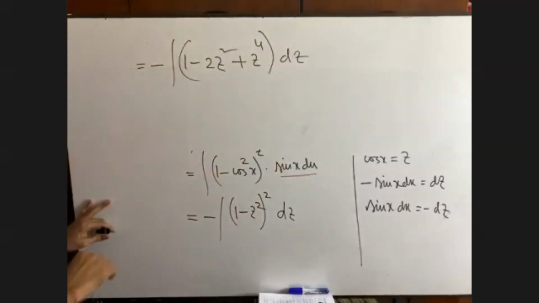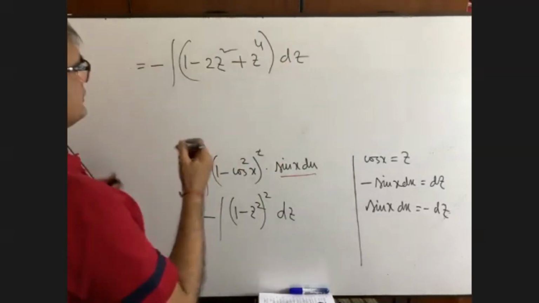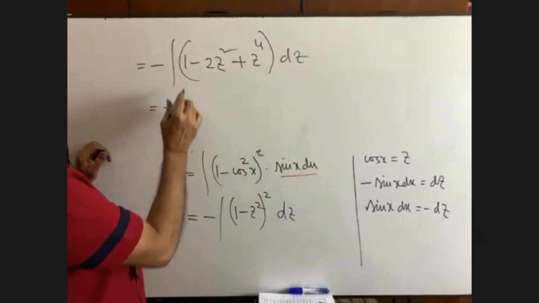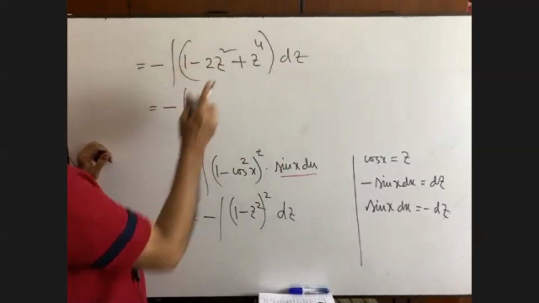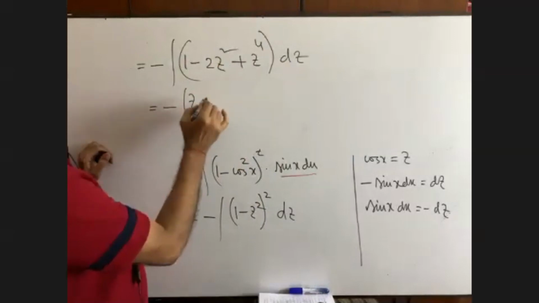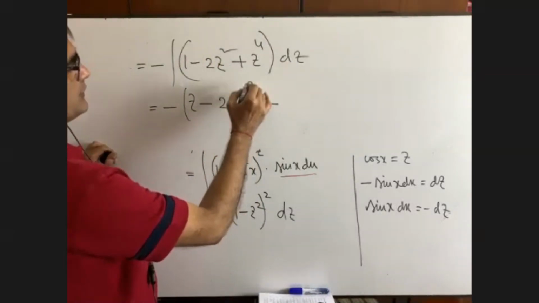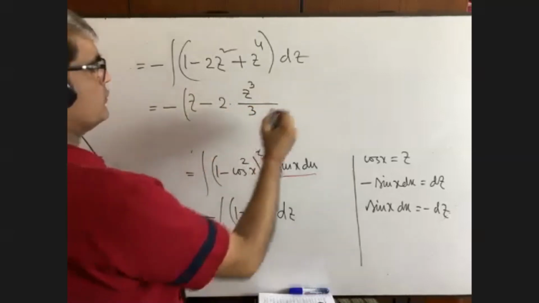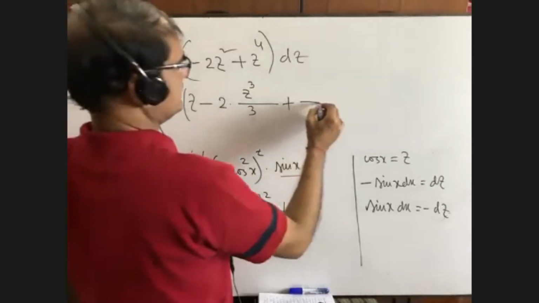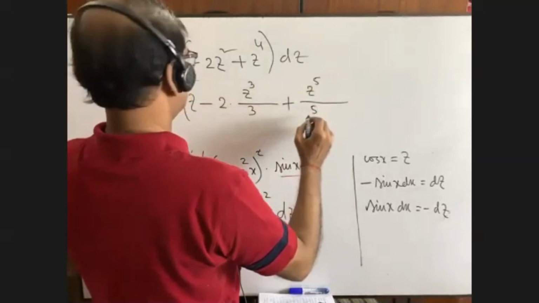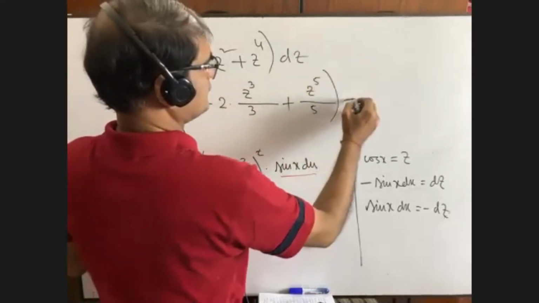That is, we can write here minus, it is z minus 2 z to the power 3 by 3 plus z to the power 5 by 5 plus c.